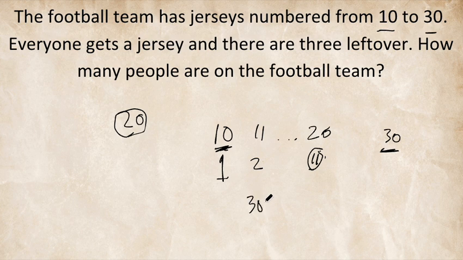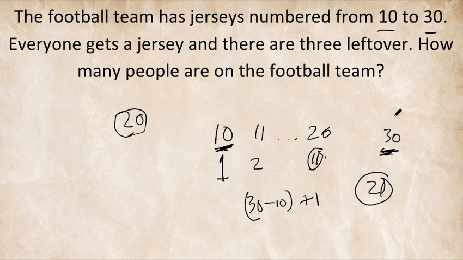So it's basically 30 minus 10 plus 1. There's a total of 21 jerseys, because 10 itself is included and 30 is also included. So remember this tip. If there are 3 left over, that means out of 21, 3 are left over. That means there are 18 people on the football team, and this is the answer.